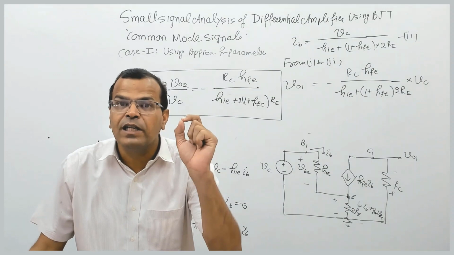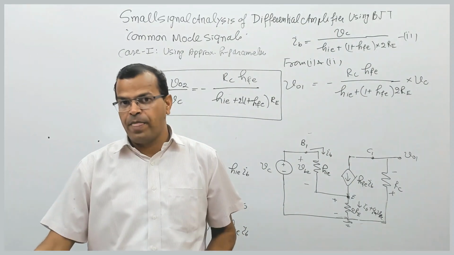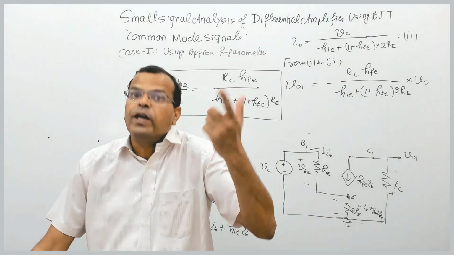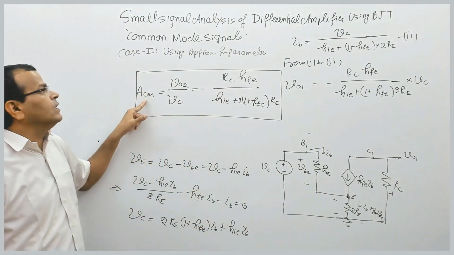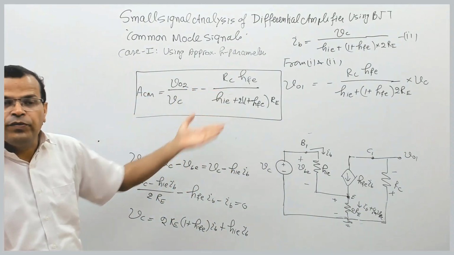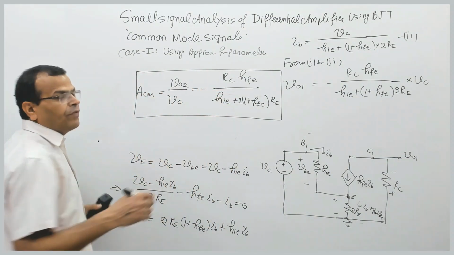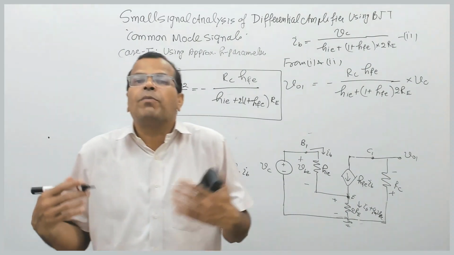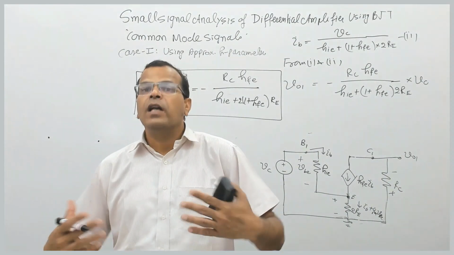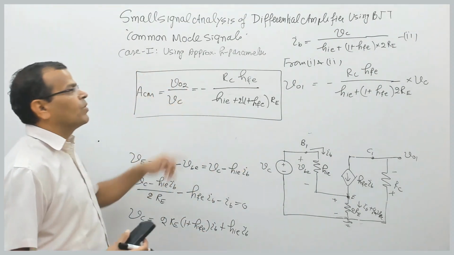That is called single-ended output. But if you take difference of two outputs, that is difference of V01 and V02, in that case this common mode gain becomes 0 because that difference will become 0. Fine. So for differential output, or you can say for balanced output, the common mode gain is 0. For single-ended output, common mode gain is this.